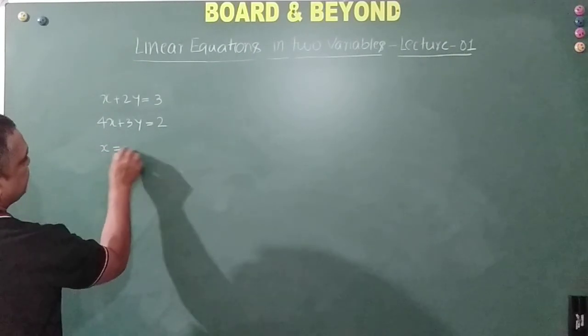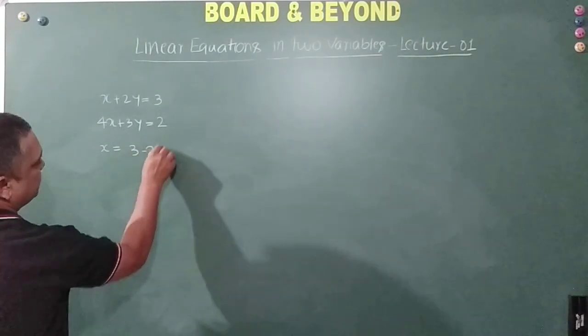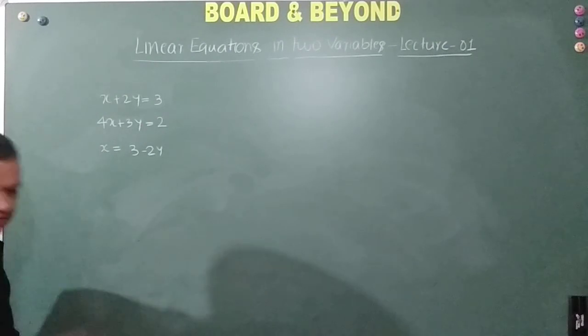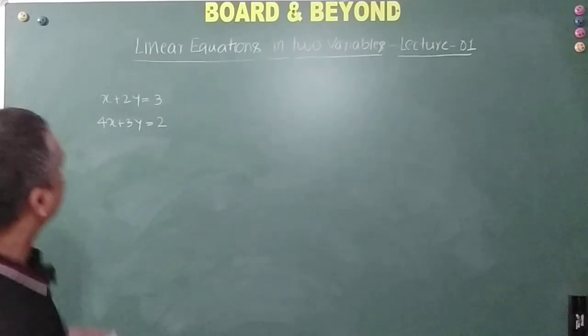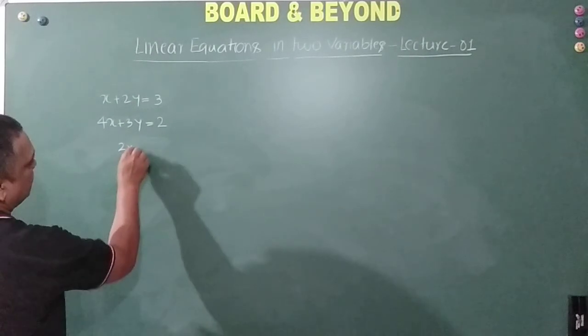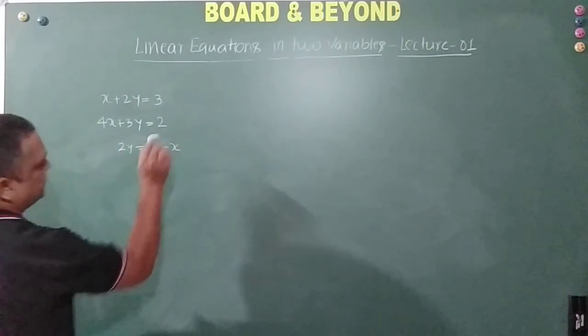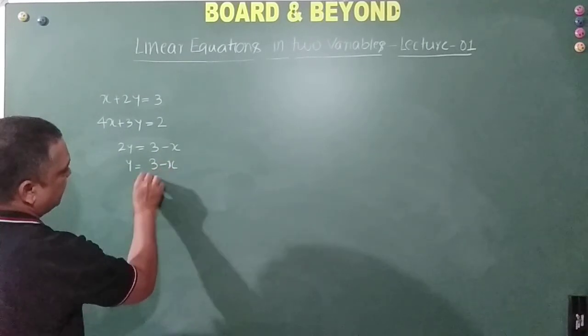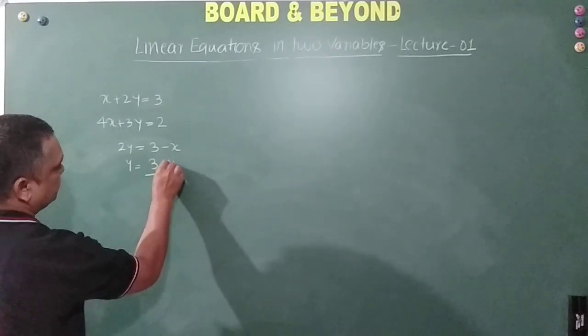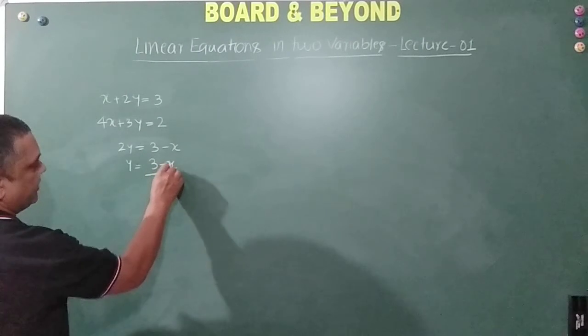Can we write x is equal to 3 minus 2y? Or let's separate out y. So 2y is equal to 3 minus x, right, friends? So y is equal to (3 minus x) by 2.